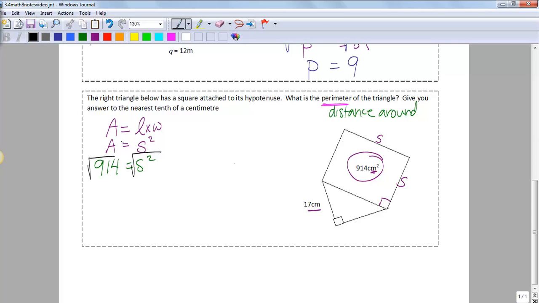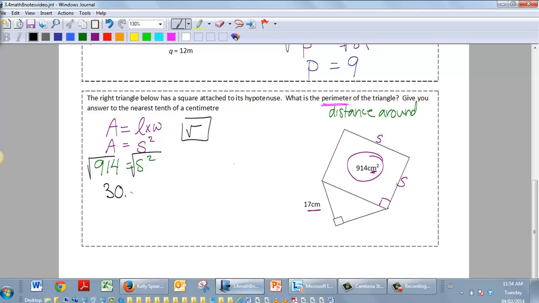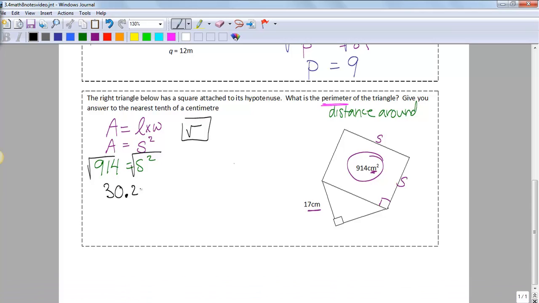This one definitely I need my calculator for. Looking for this little button on my calculator gives me an answer of 30.232 whatever. So let's just go 30.23 equals S. So that's the length of the side of the square. So I can write that in, 30.23. There's a bit of rounding involved, but that helps for now.